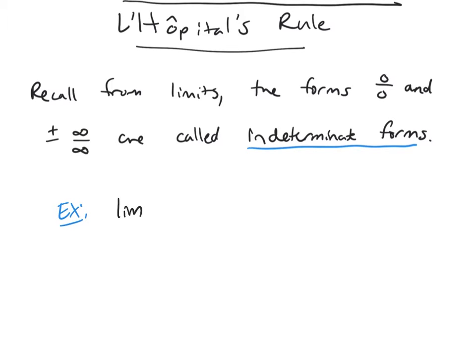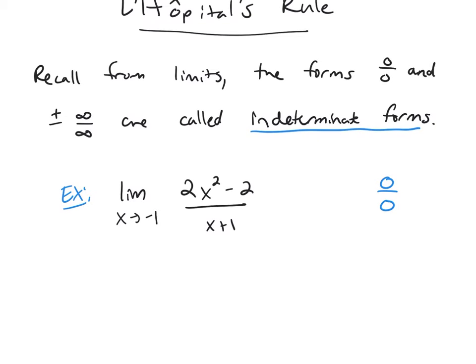So for example, the limit as x goes to -1 of 2x squared minus 2 over x plus 1. If I plug in -1, I'll get 0 in the top and 0 in the bottom. So the way we dealt with this before was we would factor, because this is a polynomial over a polynomial, we could factor the top.